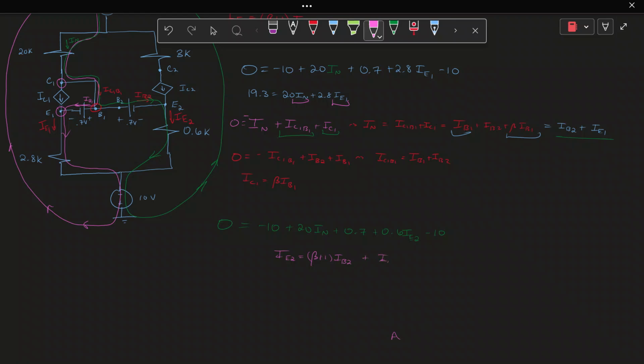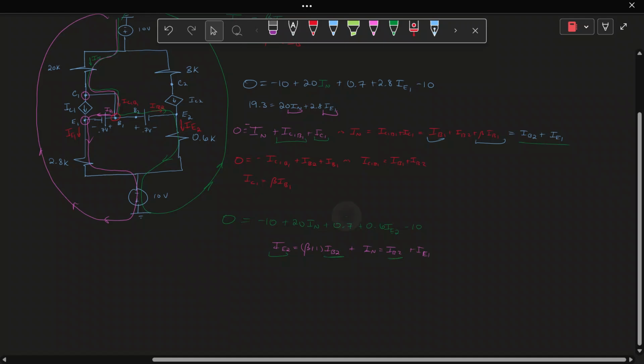And IN is equal to IB2 plus IE1. Well, that's really, really good for us because look, we found IE2 in terms of IB2, and IN has an IB2. So now it's getting very, very close. We're getting very close to the answer here.